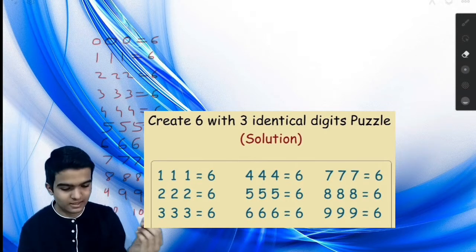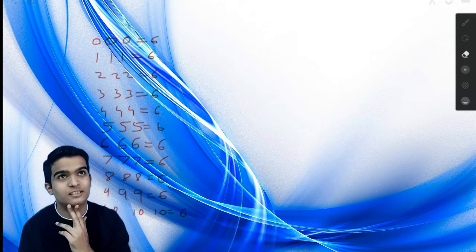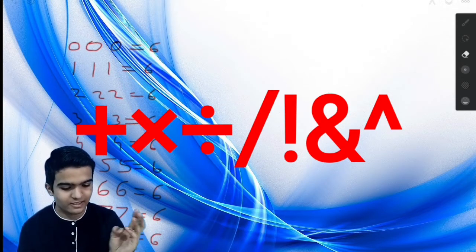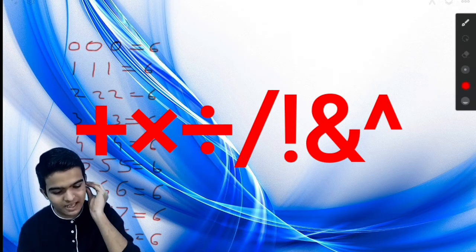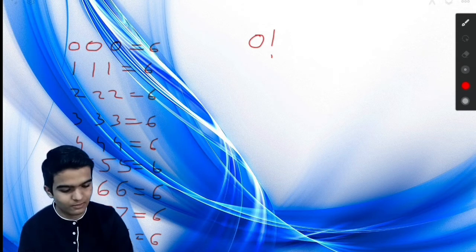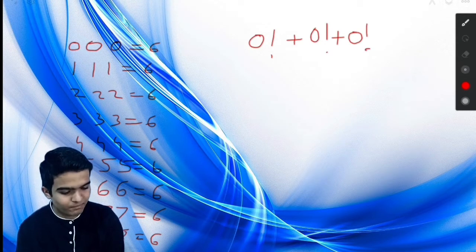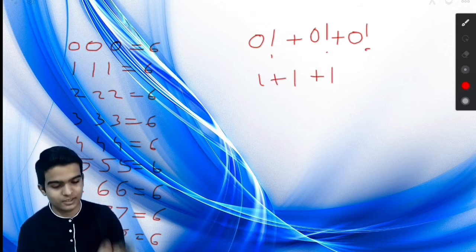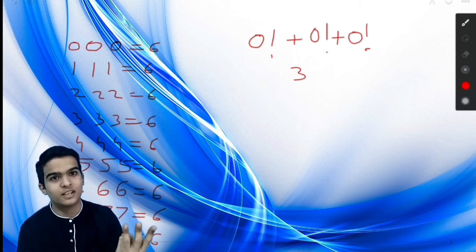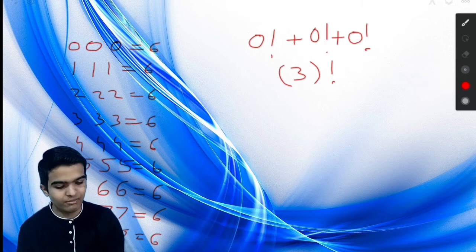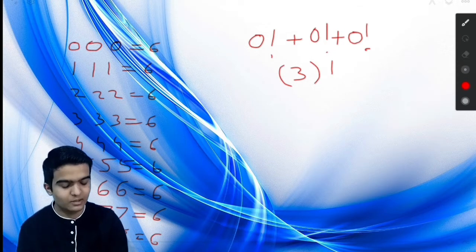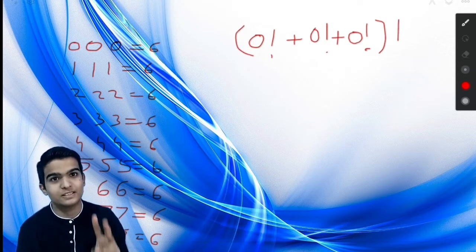So the next question is to make the answer 6. We just have to use the normal operations like plus, minus, divide, and so on. As you know, 0 factorial is actually 1, so we can do 0 factorial plus 0 factorial plus 0 factorial, which is 3. And the factorial of 3 is 6.